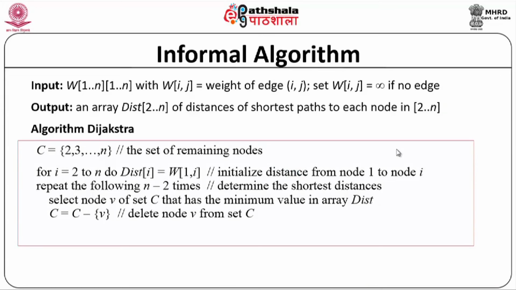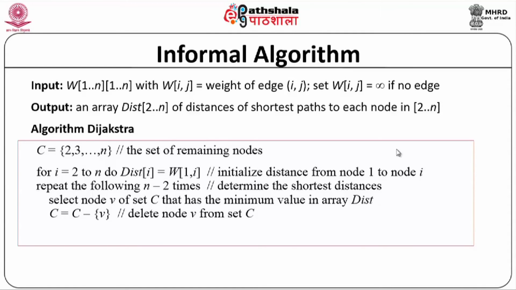So, what is the informal algorithm for this? Assume that we are given a graph. The graph consists of two components, vertices and edges. Every edge has a weight. The input of this problem is going to be the adjacency matrix of the graph.